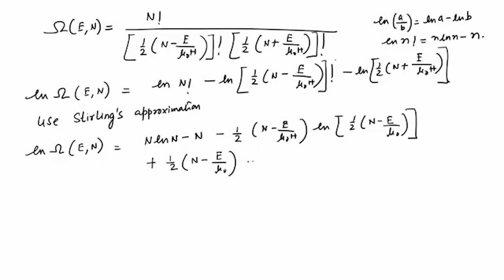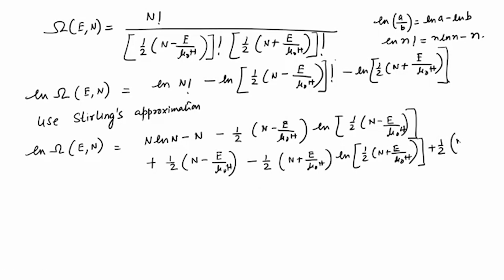And we also have the third term, which is half of n plus E by mu 0 h, log of half of n plus E by mu 0 h, and again a plus half of n plus E by mu 0 h. There is an h that is consistently missing, but put it. Okay. So, this is the expansion using Stirling's approximation on each one of the terms.